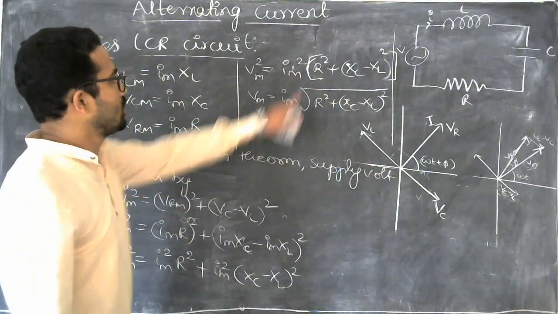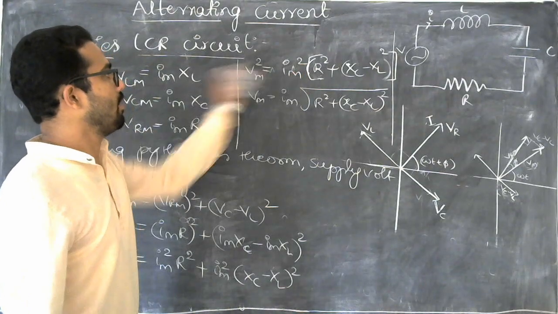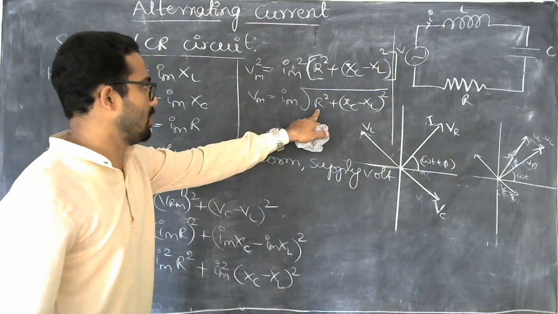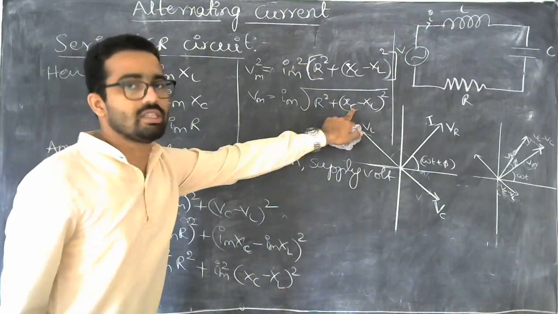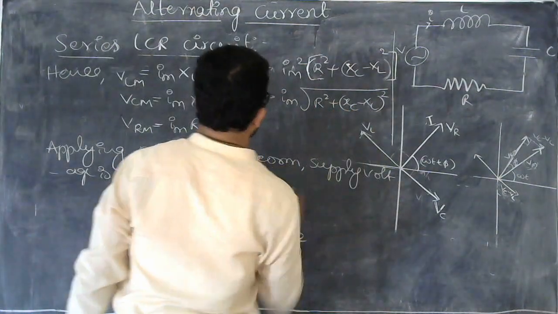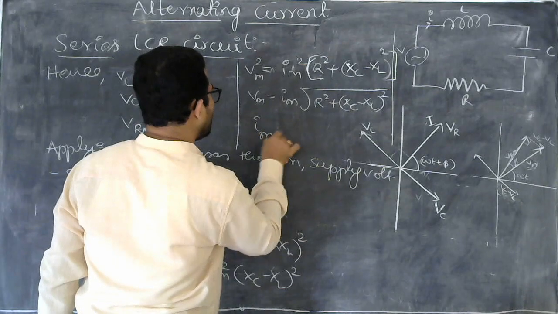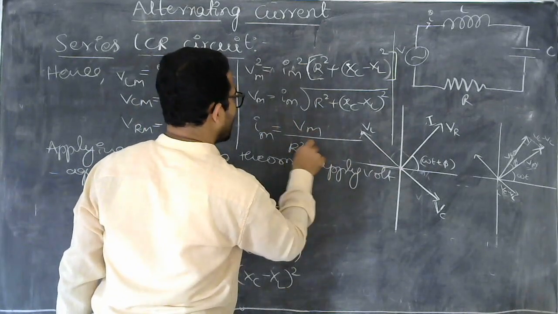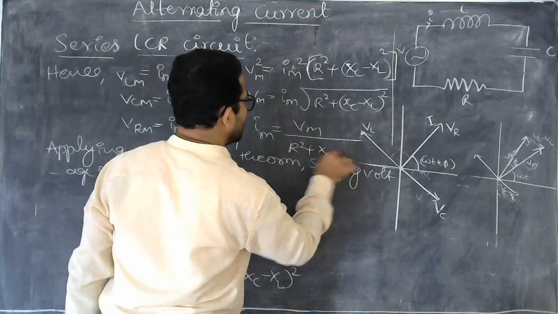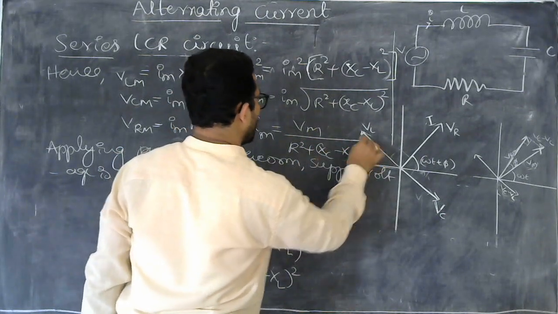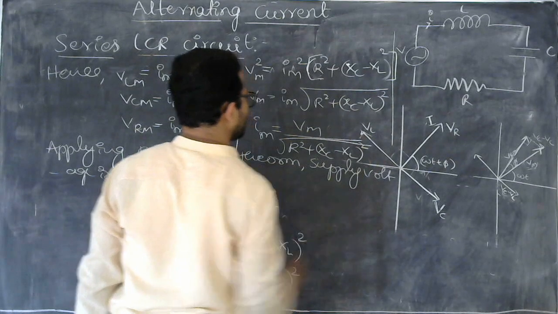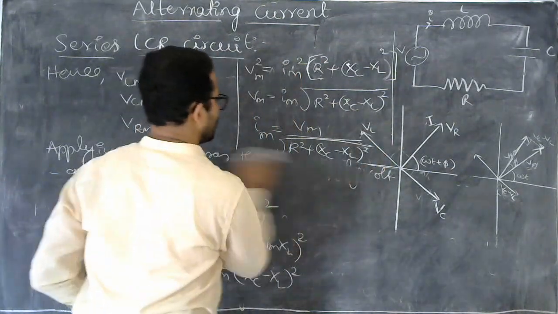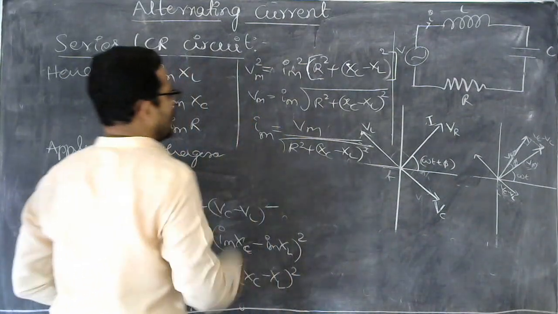This is multiplying with this, which is why we can remove it from here, but you cannot separate R square because it is in addition with this. That is why you should write them together. So Im is equal to Vm divided by the whole root of R square plus (Xc minus XL) whole square.